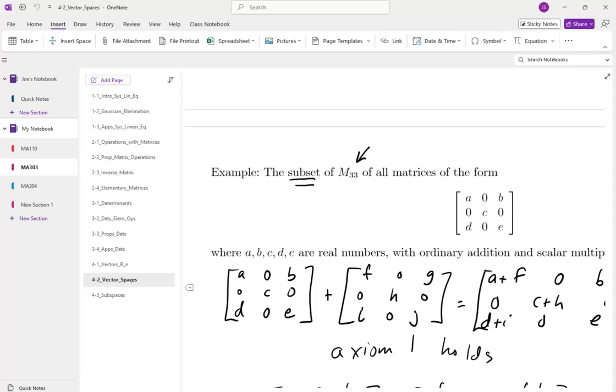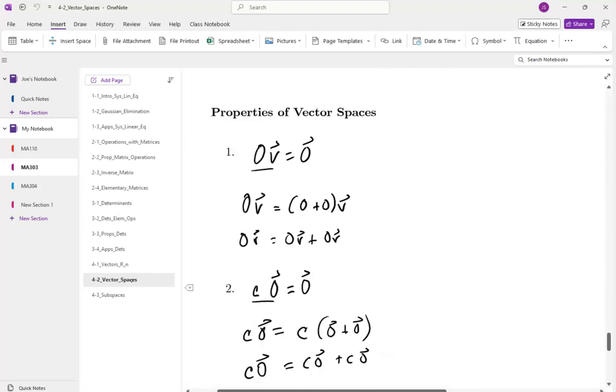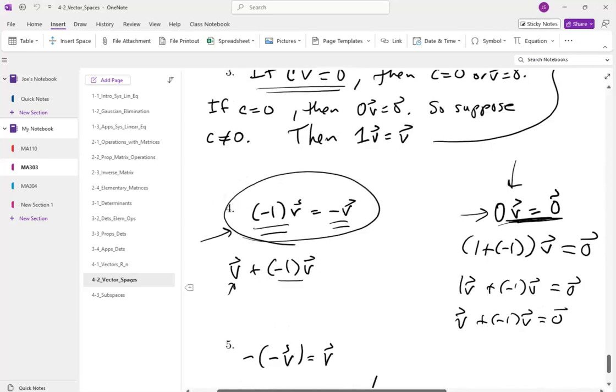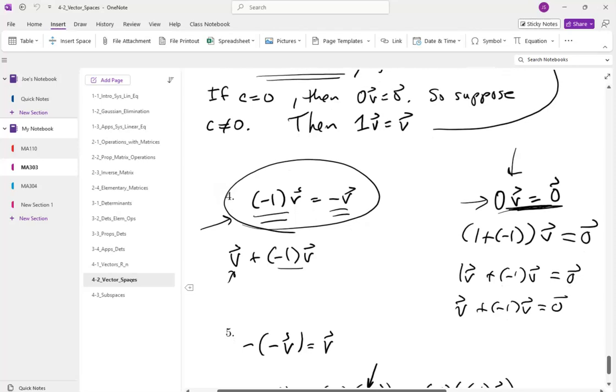And then again, since we have the vector space properties, we know that, for instance, and we wrote these down at the end of class last time, when I do 0 times any vector, I get the 0 vector. So if the set is closed under scalar multiplication, I know that I have the 0 vector in my subset. We know that if I do -1 times a vector, I get its additive inverse.